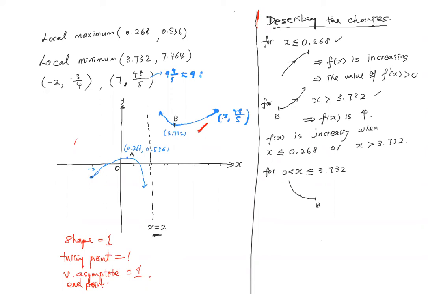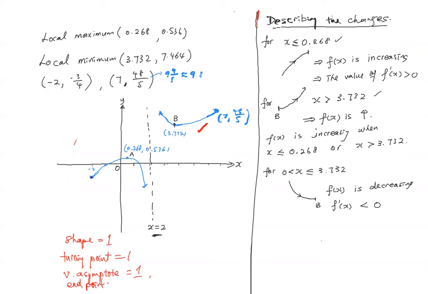So that shows that fx is decreasing. So Javashini, can you please tell me what is the value of f prime x? Less than 0. That is negative. Am I right?